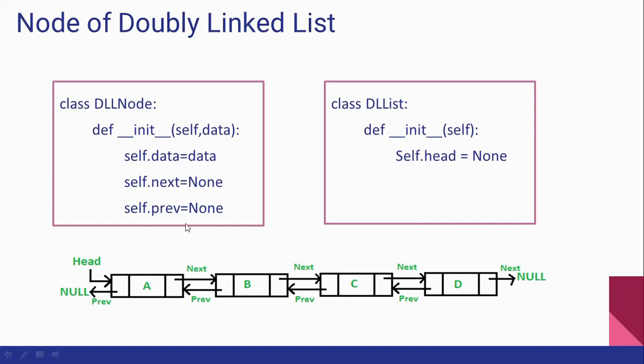So while creating a node, we are supposed to create a node with three components. One is data, another one is the next pointer, then the previous pointer. Obviously we will be creating the linked list with a class, where DLL list is the class name, and we have an init method where we initiate the creation of the head node.